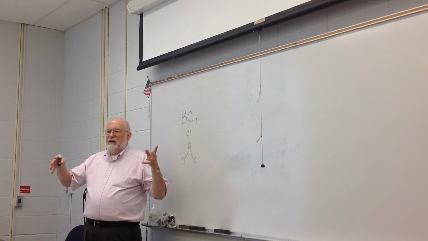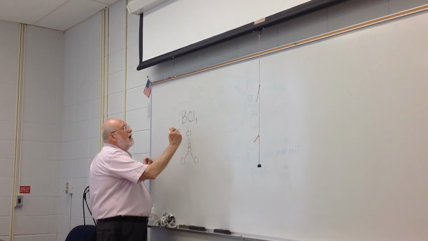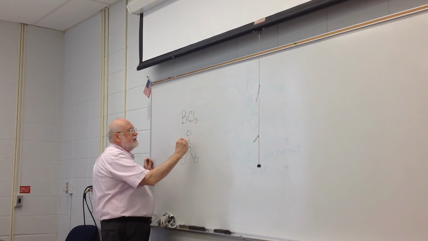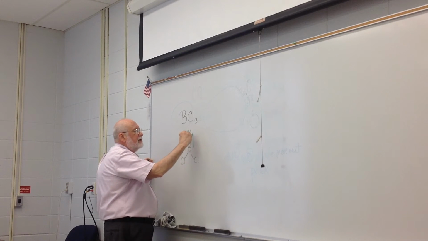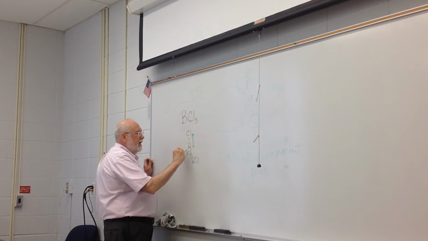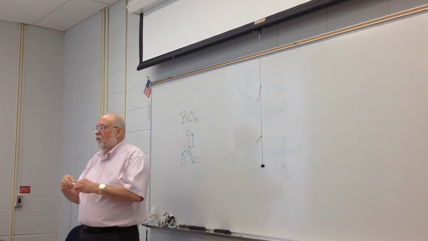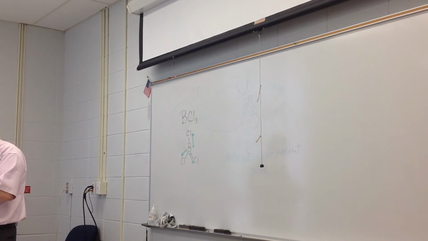Group 3, isn't it? So chlorine's higher, so when we put our little dipoles up here, we're going to get something like this. The arrowhead points toward the chlorine and away from the boron.